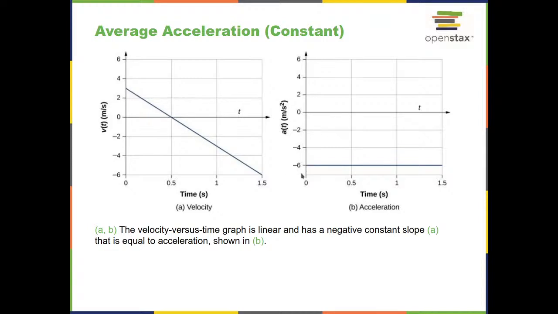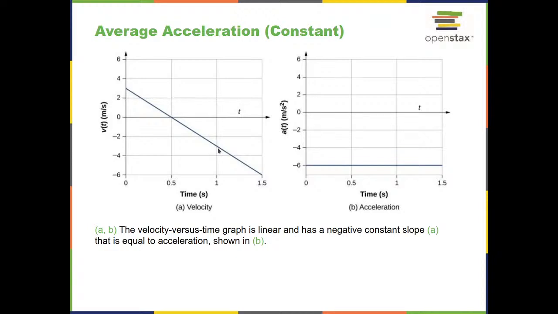That gives us minus 6 meters per second squared as a constant acceleration during that interval. So this is our average acceleration between time 0 and time 1: minus 6 meters per second squared.